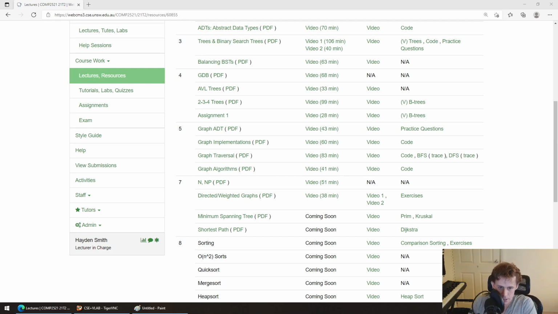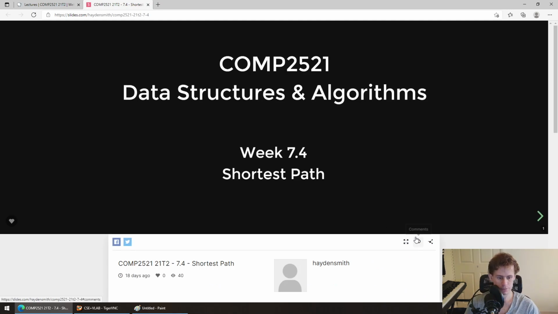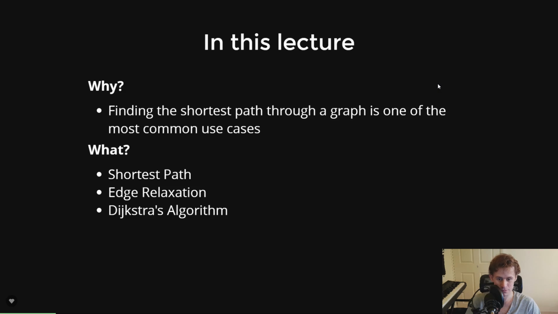We're going to get stuck into the last part of today, which is shortest path, and then just briefly talk about assignment 2. The purpose of talking about shortest path algorithms is, well, most of you should probably have an intuitive sense that finding the shortest path between two things is a really useful thing in general in life.